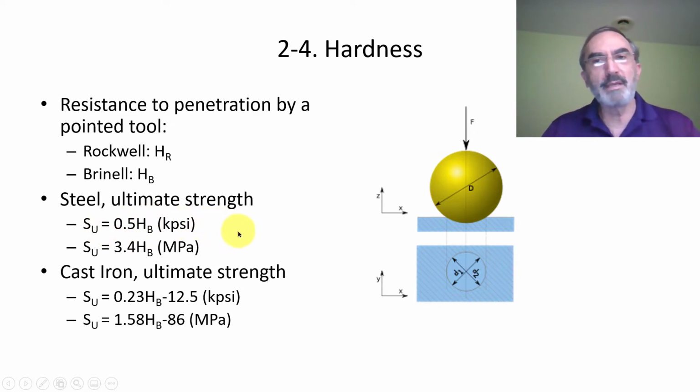And if the steel is heat treated, or an alloy, or cold worked, this expression may not work. So you have to check all these. Same thing with cast iron. Of course, nobody uses cast iron anymore, but you can check. There are these relationships for S_U in KPSI and MPa to H sub B.